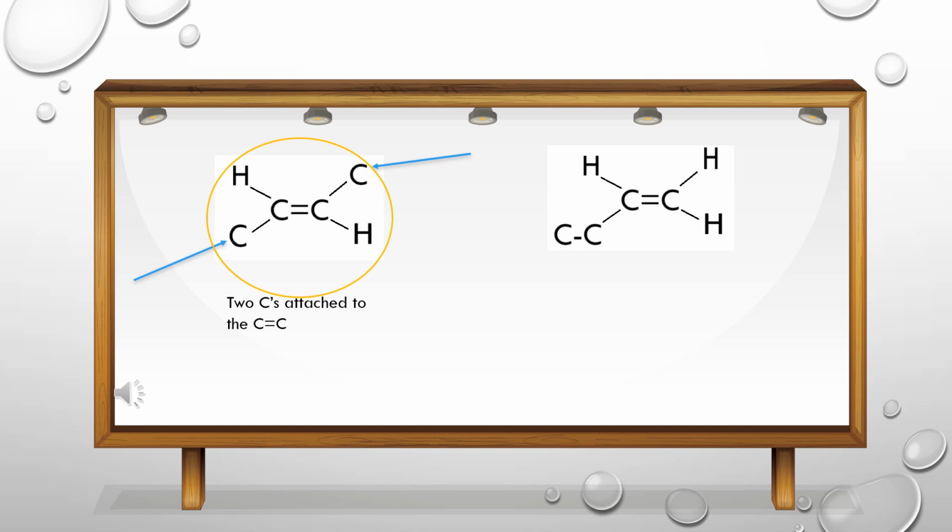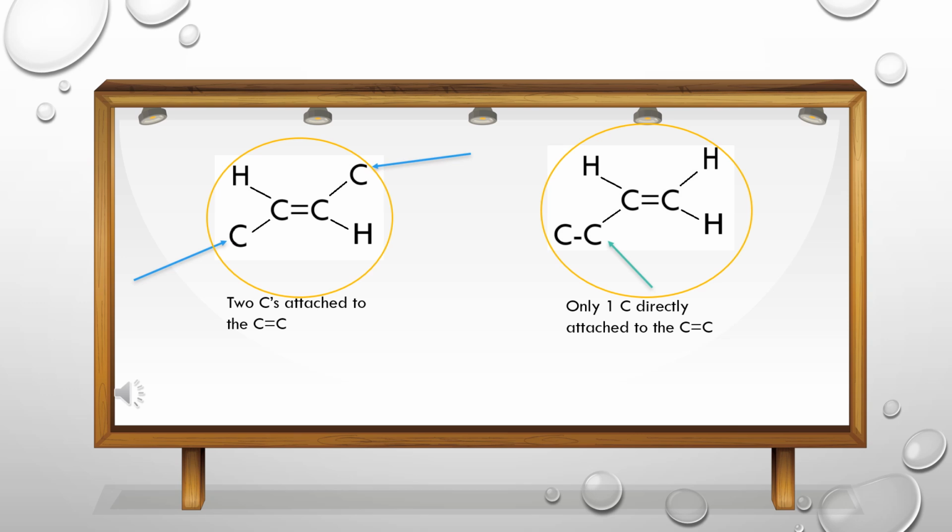Over here, here's the carbon-carbon double bond. We've got 3 hydrogens. That means that there's only 1 carbon, this one right here, that's directly attached to the carbons of the double bond. So this one is the winner. This is the major product, and this one, sometimes we don't see any of the minor product.